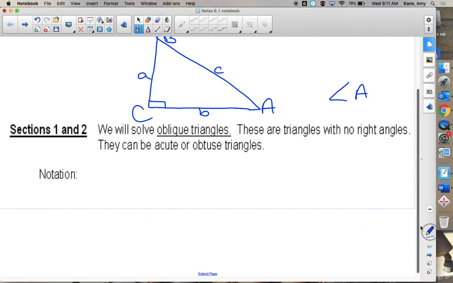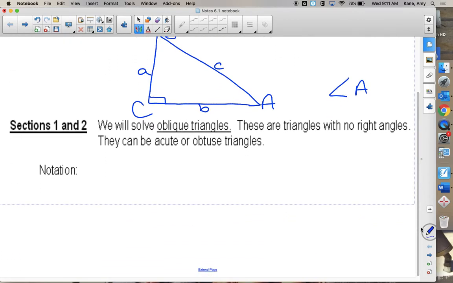So we're going to cover oblique triangles. There are right triangles and non-right triangles, which are called oblique triangles. These triangles have no right angles, and there are two types of oblique triangles. The first one is an acute triangle. What's an acute triangle? Scalene, what's that mean?